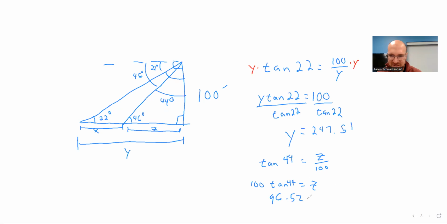96.57. 57, not 5z. 96.57 feet equals z here. So I want x. X is what I want. And x is just equal to y minus z. So y was 247.51, z is 96.57.